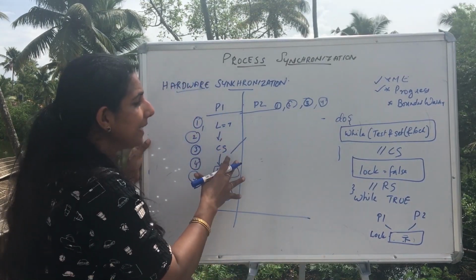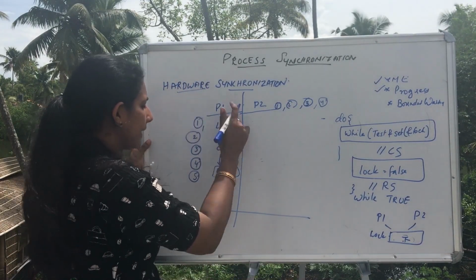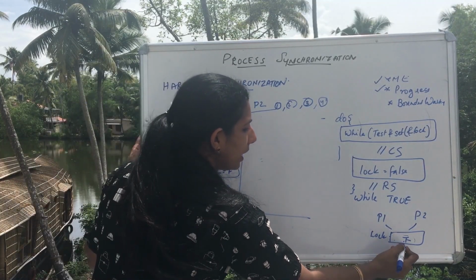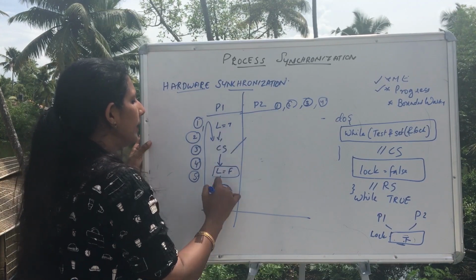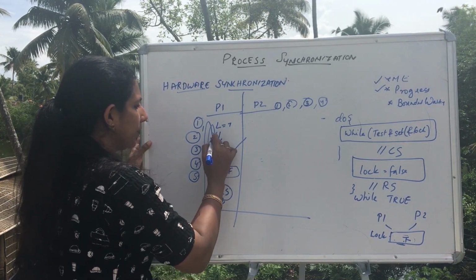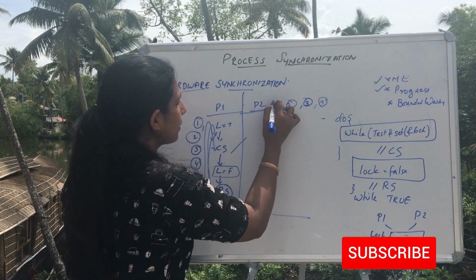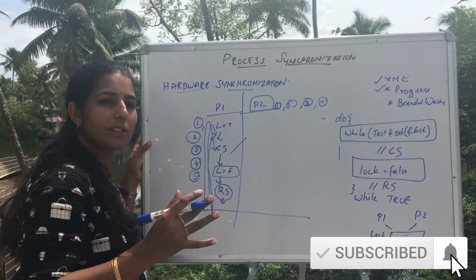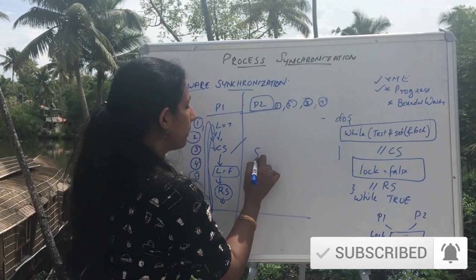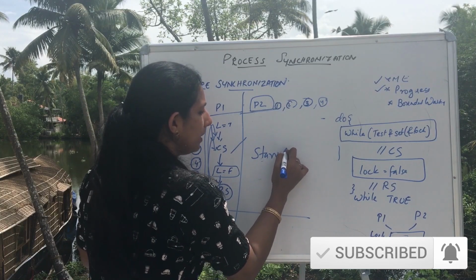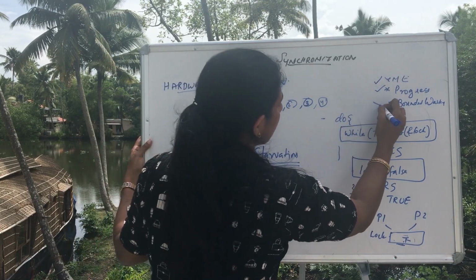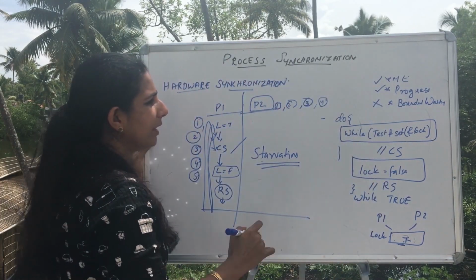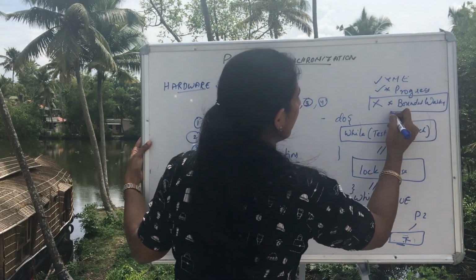So as many times as P1 wants to enter, it can enter, because lock is set false by P1 itself, and P1 is repeatedly participating and entering into the critical section, and P2 is without a bound limit of waiting. It is going on waiting, which is nothing but a starvation problem. So the bounded waiting condition over here is not met.